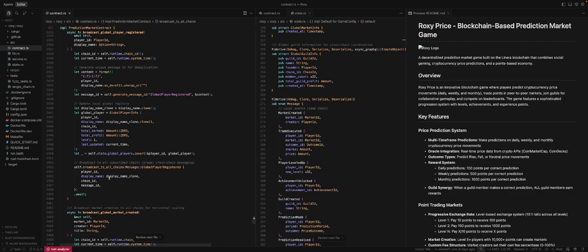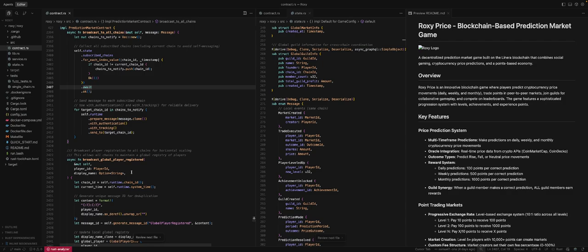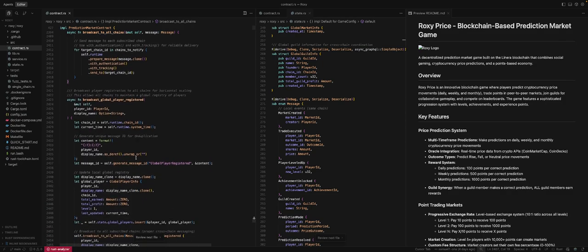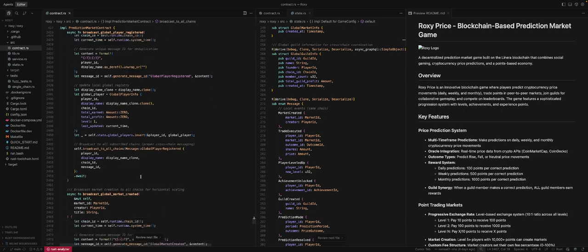You can say this is an internal function basically. So broadcast global player registered allows all chains to maintain a global registry of players, right? Whenever a player is registered, it's going to be broadcast to all microchains.